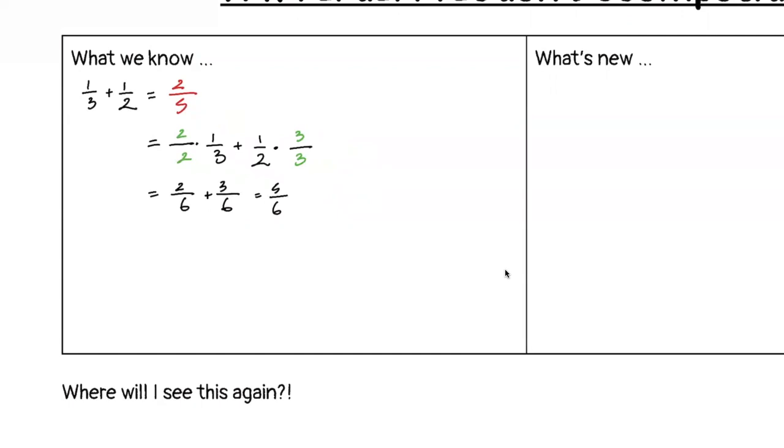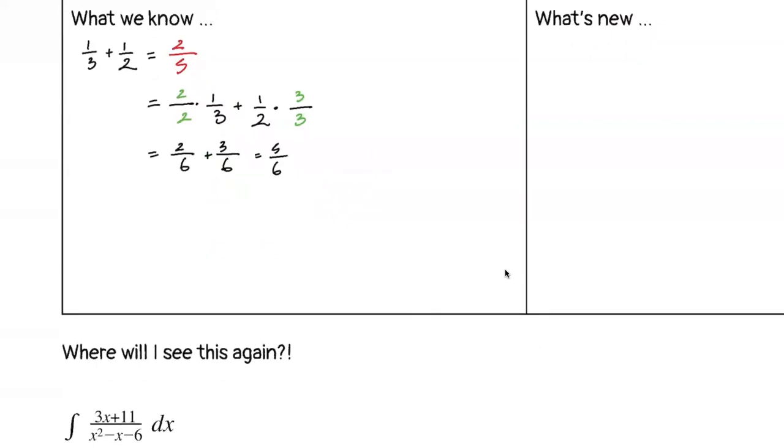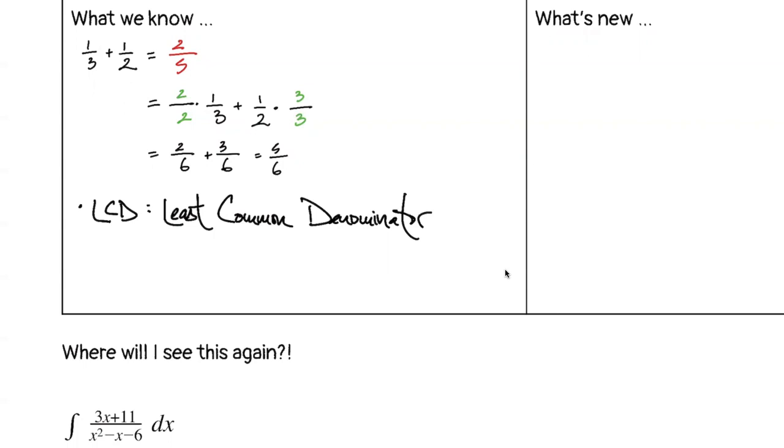Okay, so we're going to be using this idea of common denominators today. But we're also going to be looking for the least common denominator, right? So least common denominator. And then we're also going to be using something I like to call fancy ways of writing 1.